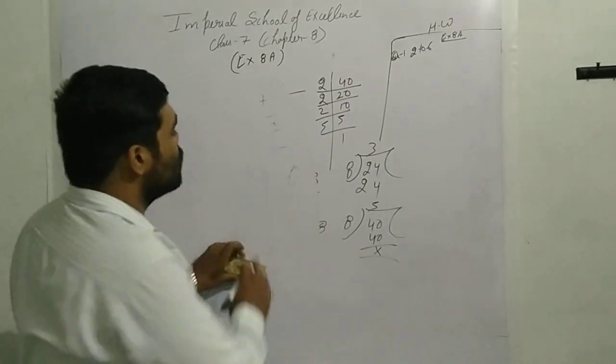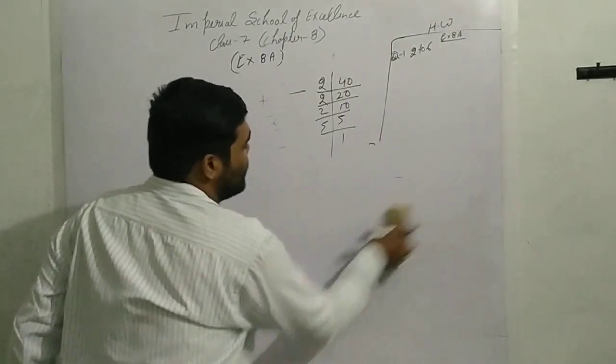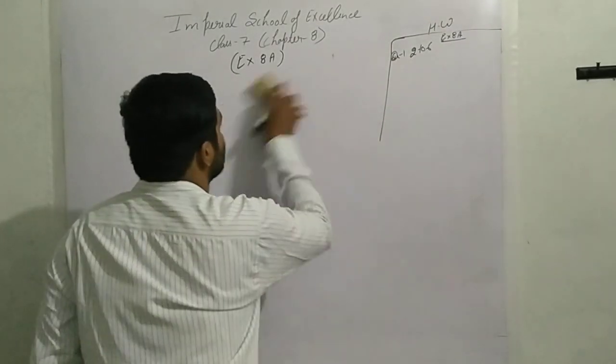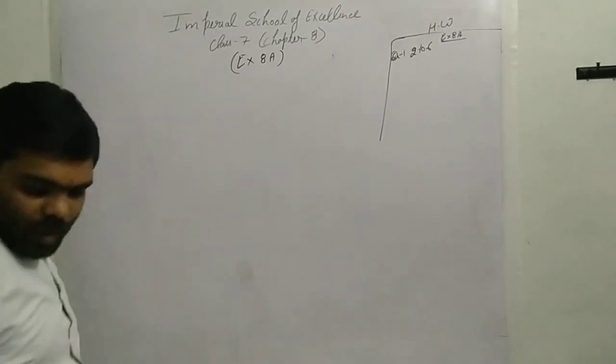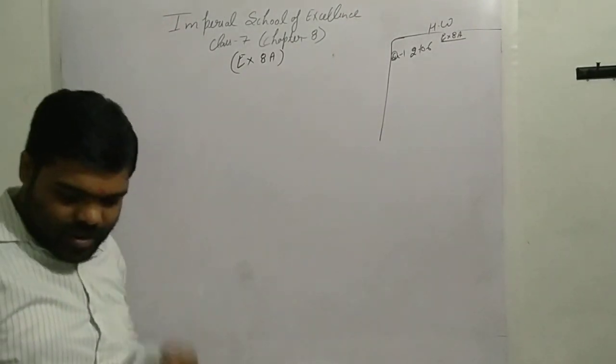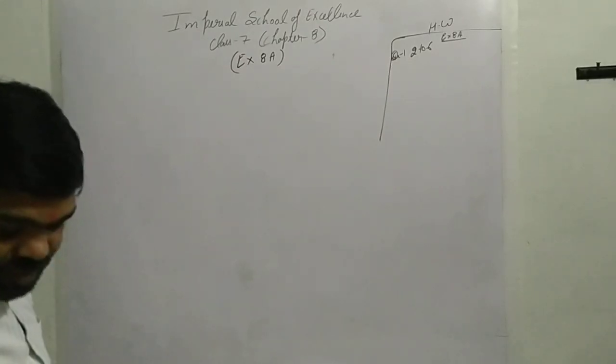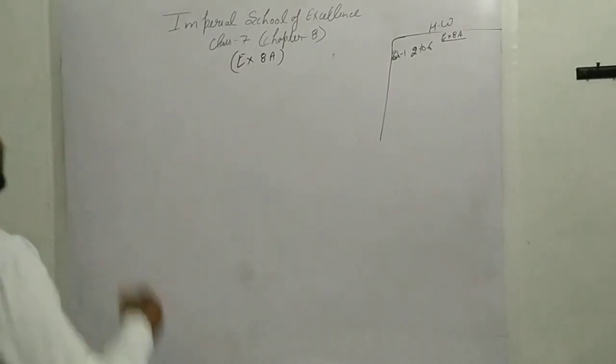Question number 2 is given: express each of the following ratios in simplest form. It is the same question but slightly different.